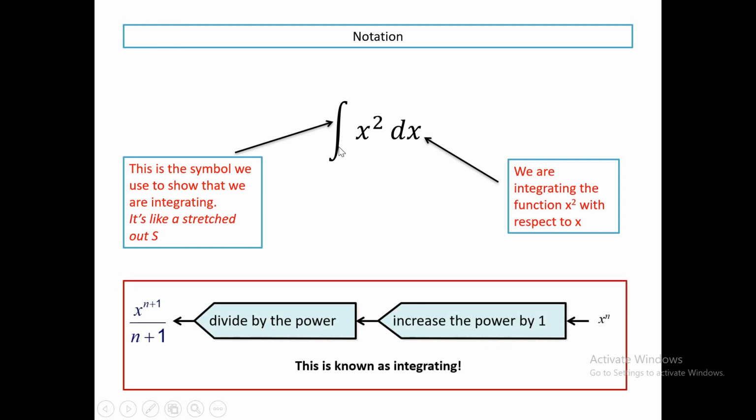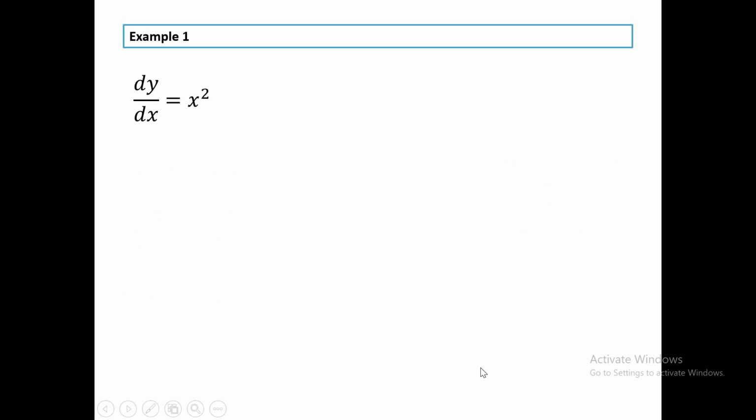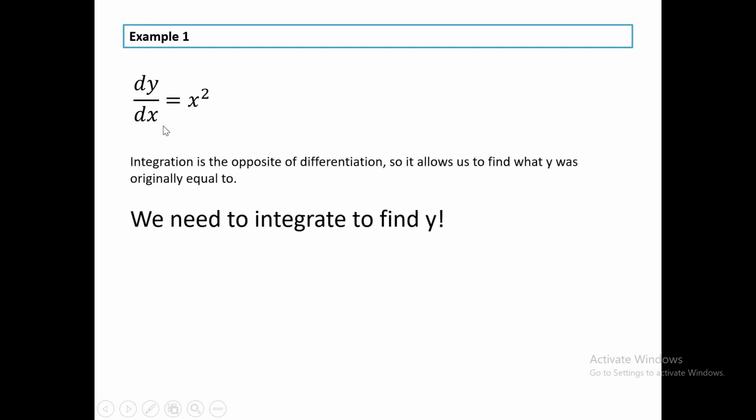The rule, as I said in the last slide: for x power n, increase the power by 1, and divide by the new power after adding 1. Now, first example: dy/dx equals x square.